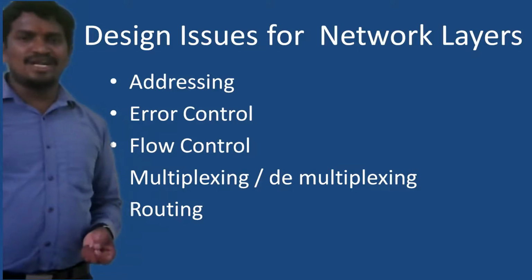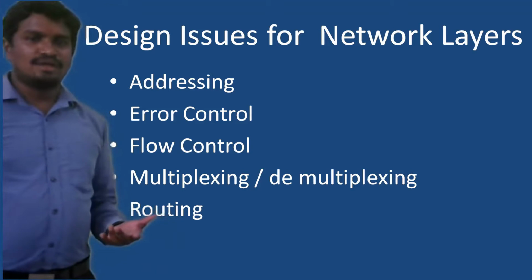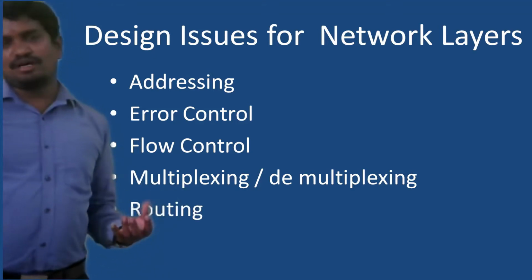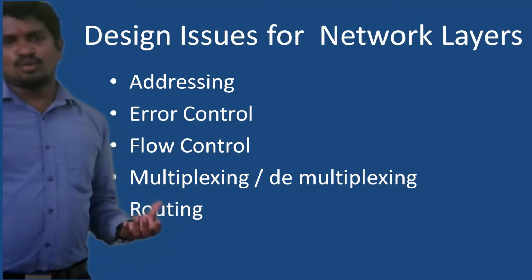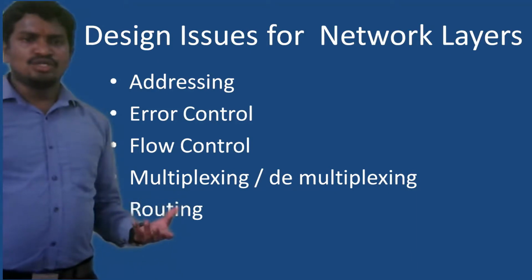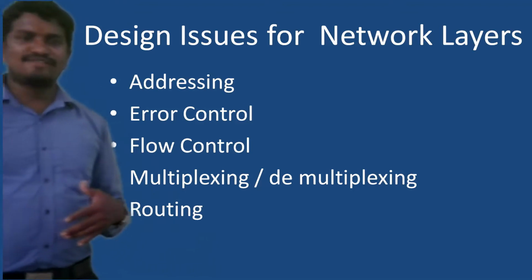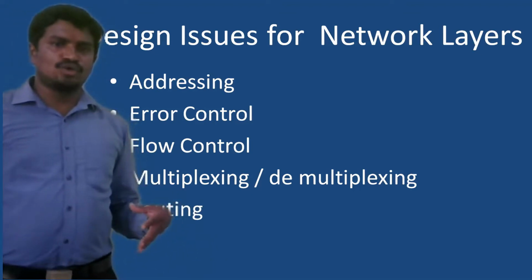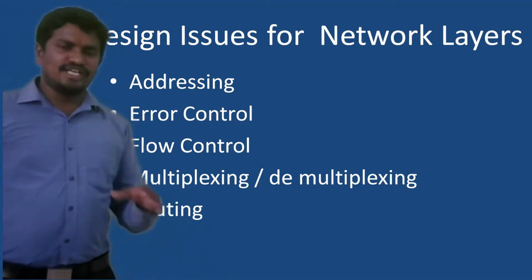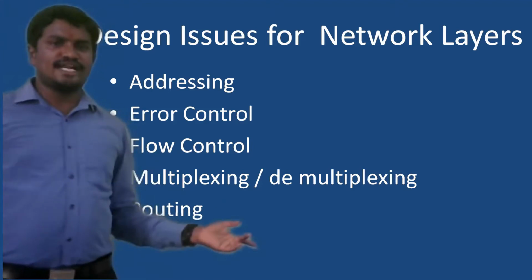And there is one more thing called multiplexing and demultiplexing. It is not possible to have a connection between each and every system, like a mesh topology. So what we are trying to do is, we have only one line, and on that line multiple systems are working. So there should be a way to merge our data onto the same line. You don't have a separate line for your data. If there is a network, there are many people connected to that network, and there is only one channel, the channel meaning the medium used to transfer the data from one place to another.